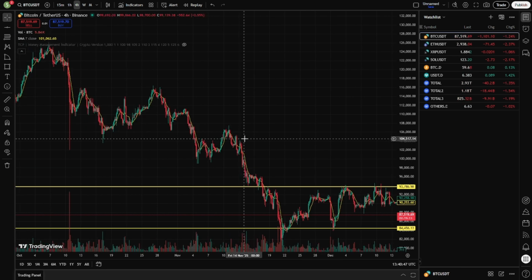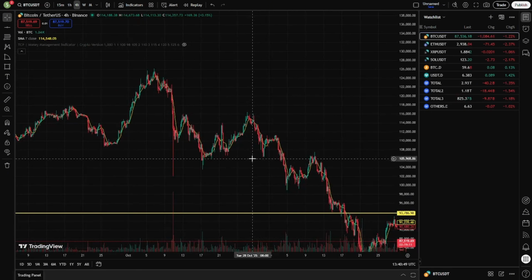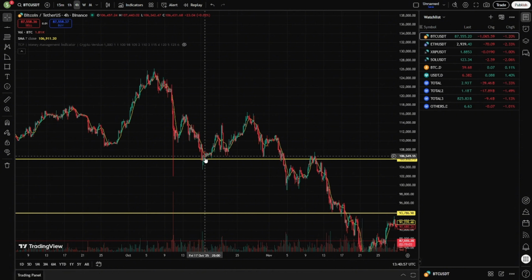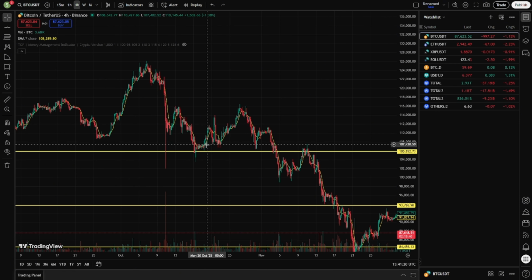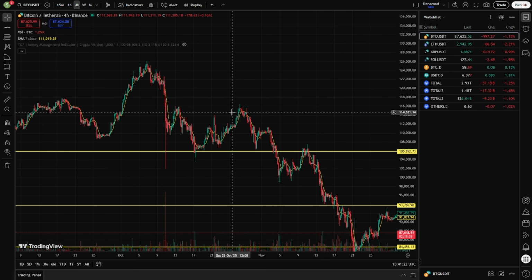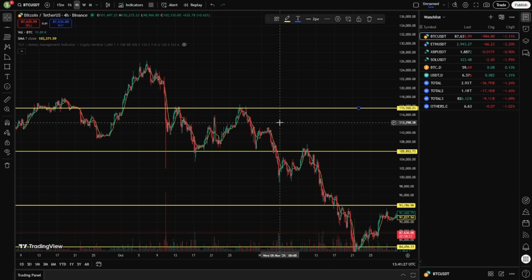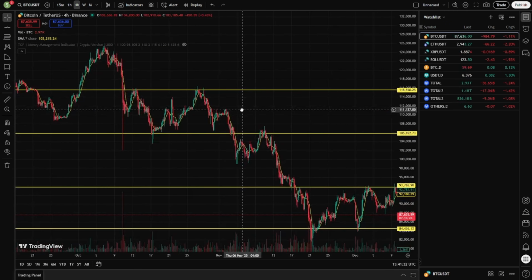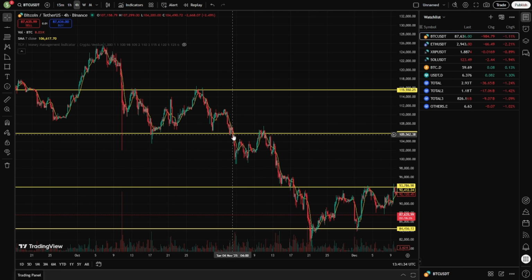Let's see other cases. Here we can see that price had a support area here, and after reacting to it and getting supported and rising, we can see that after it came close to the resistance area above it, it got rejected from it, and when it came down and fell, it actually broke this support area after the third touch of it.